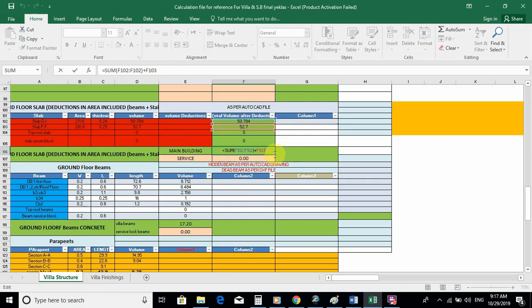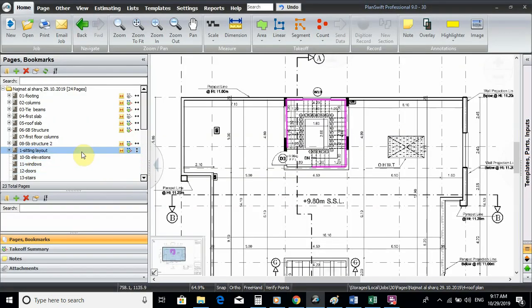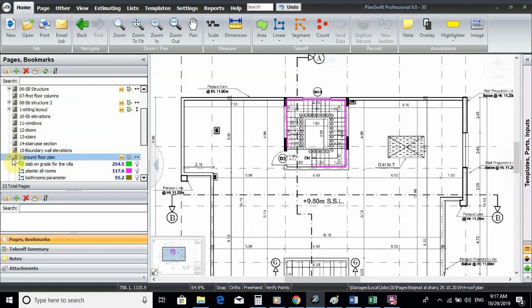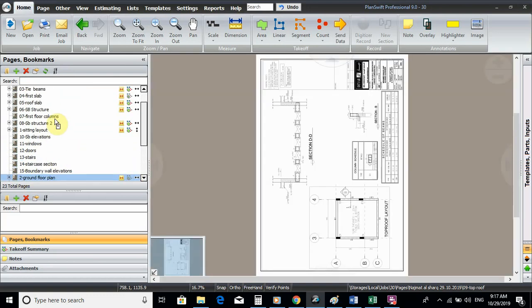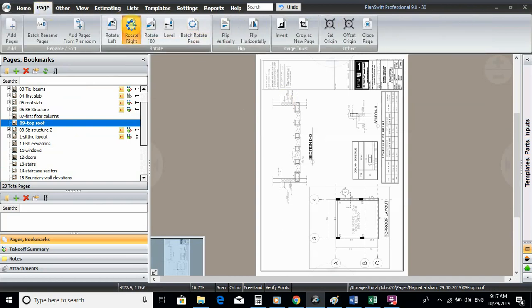Okay, plus this. I have the drawings now because it was missing. I didn't copy it from the AutoCAD. So top roof, put it here. See how easy and flexible this software is.